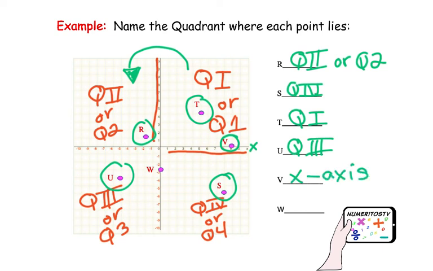And W is on the y-axis. It is not in any quadrant. You cannot say, oh, W is in quadrant 3 and 4. You cannot say that because that's not true. It's exactly on the y-axis. So your answer is just the axis, y-axis. So be very careful if you have something like this.